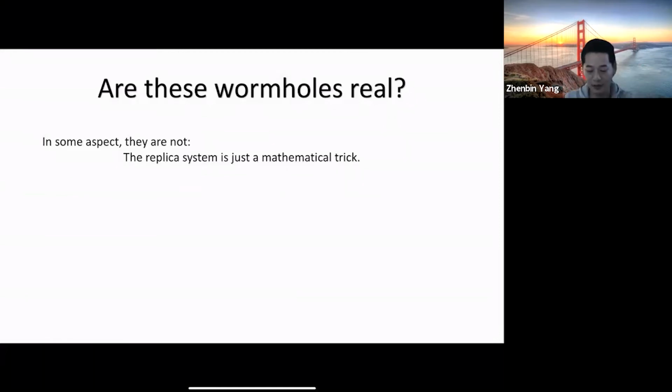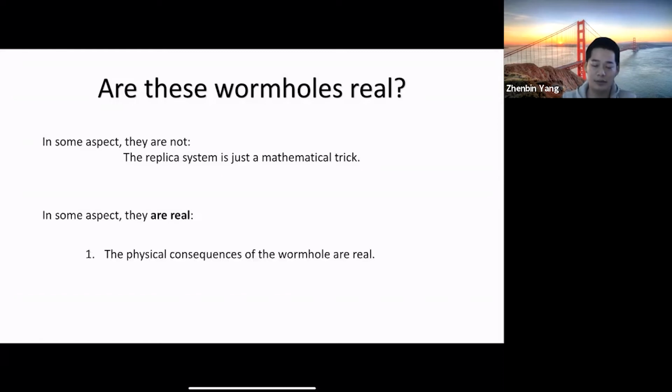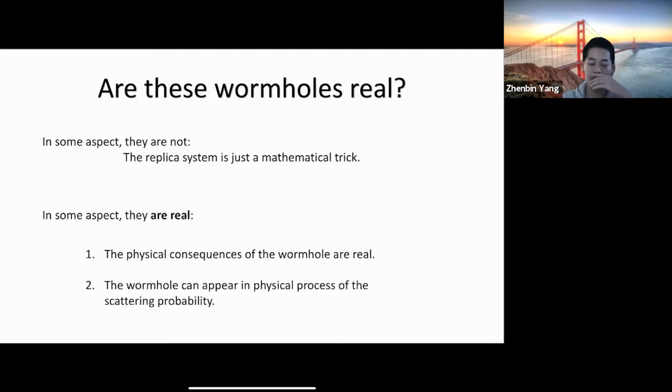So it sounds like just a mathematical illusion, but in some aspects they are real. The first point I want to say is that the physical consequences of the wormholes are real. The entropy is a physical property, and the Hilbert space dimension is a physical property.